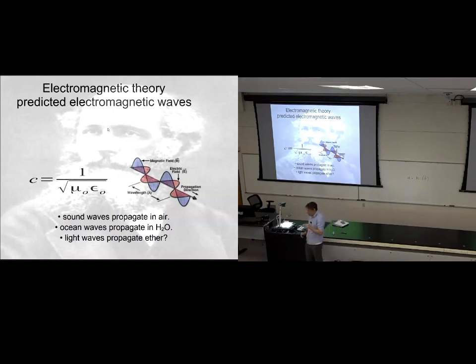But at the time, just like it was known that sound waves travel in a medium, most often in air, so we need air for our sound waves to exist and travel and communicate, just like it was known that water waves exist in a medium, right?